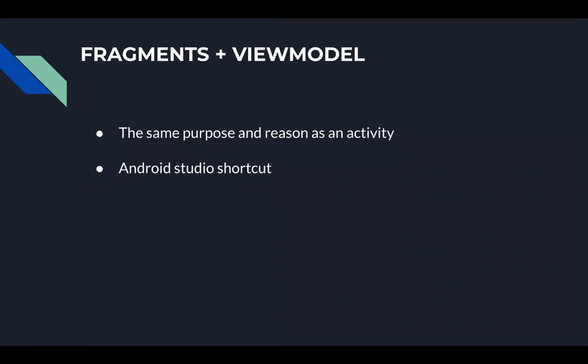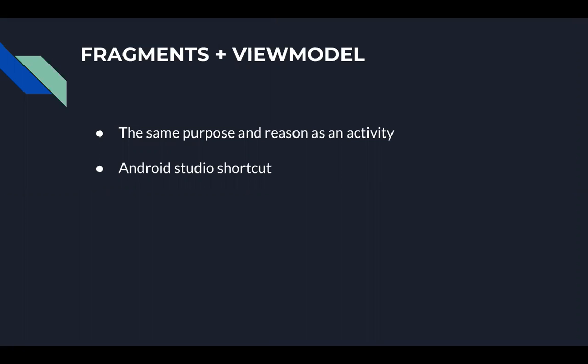Fragments also have a view model, for the same purpose as the view model of an activity. Here's a shortcut: if you don't want to create your view model manually, Android Studio has a shortcut.